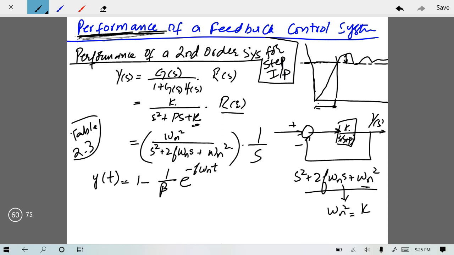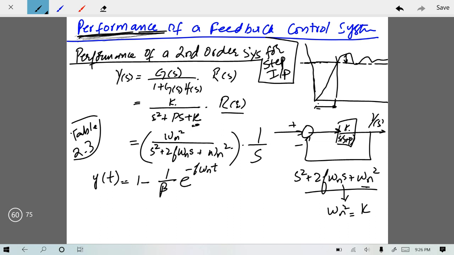The purpose of writing these equations is that the complete formulas that we will evaluate, or that are being derived, came from the assumption that we have taken a second order system and applied a step input to it, and that we had this equation.